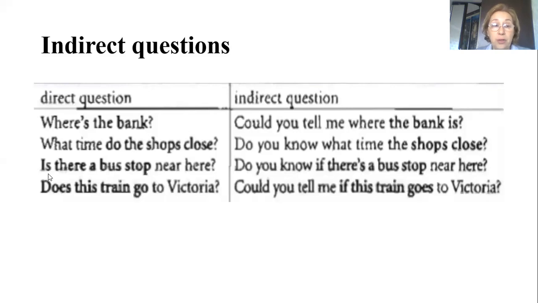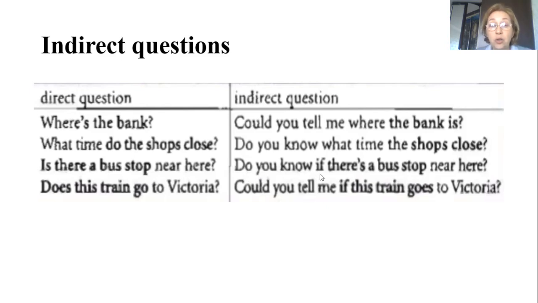And so the question is: is there a bus stop near here? It starts with the auxiliary is, because this is the order of words in a question. And when we change it into an indirect question, we start with do you know?